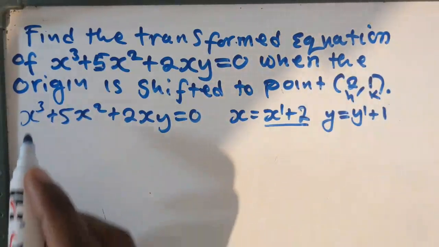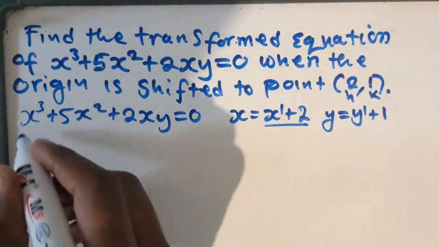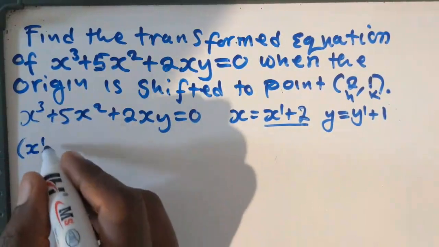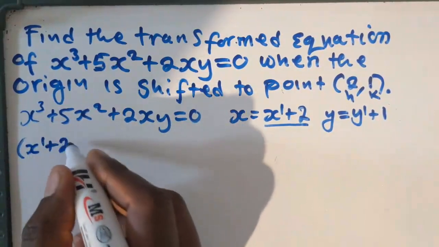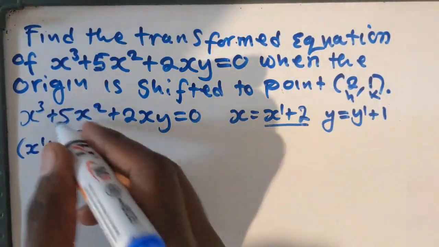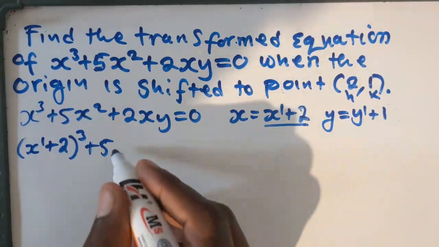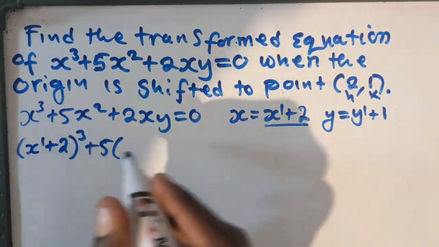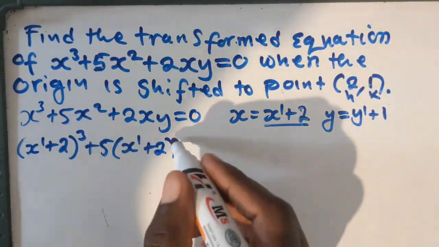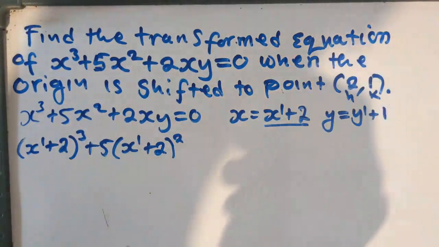So this x has to be replaced by this, so this is going to be x prime plus 2, to the power 3. Then what follows is positive 5, then x has to be replaced by the same expression, x prime plus 2, to the power 2.